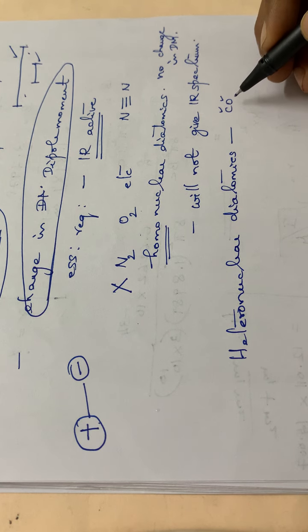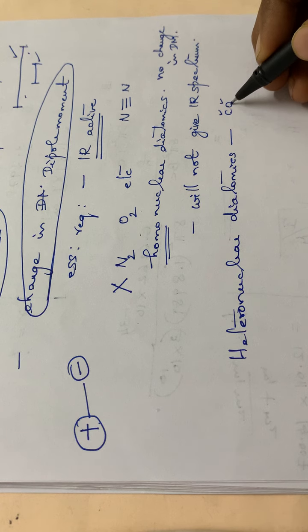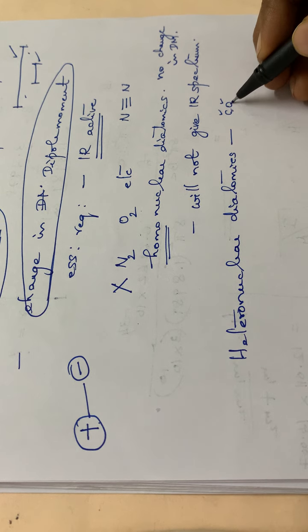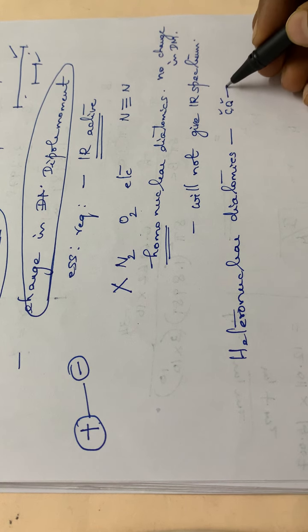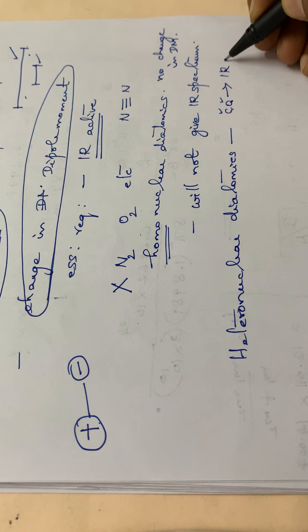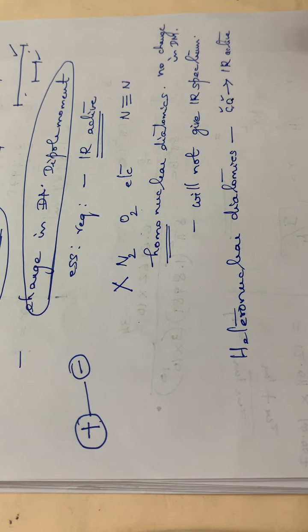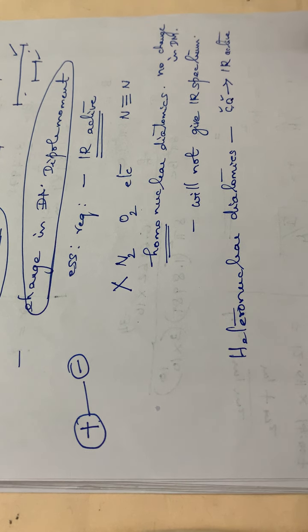Oxygen is highly electronegative, so there will be an electronegativity difference between carbon and oxygen, and as a result this type of molecule will be IR active. Carbon monoxide is IR active.